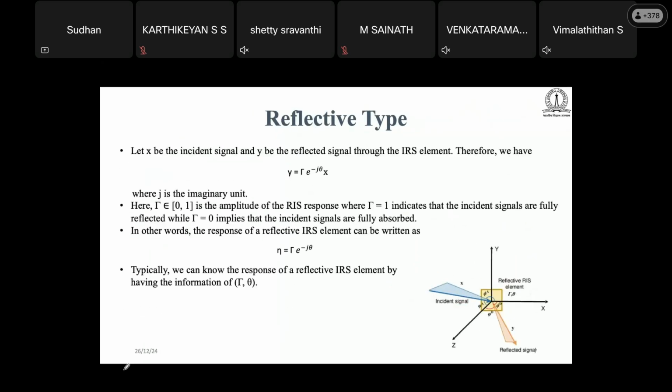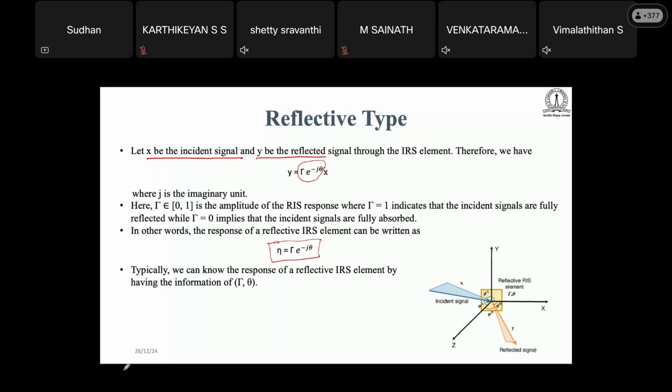So what is the reflective type? Whatever signal is incident, in this case x is the incident signal and y is our reflected signal, and then the reflection coefficient is this one. This is the response of the IRS element. So what is there?